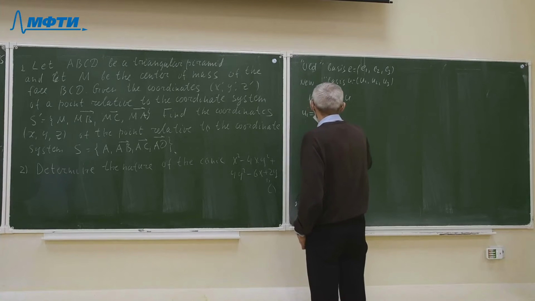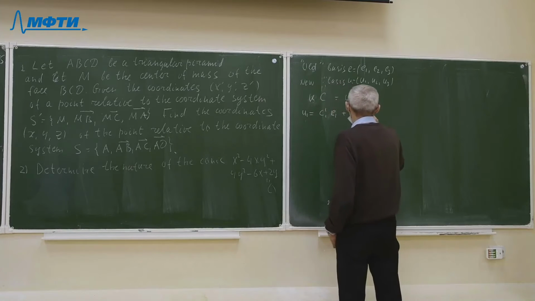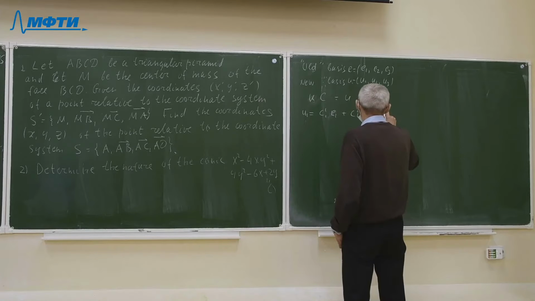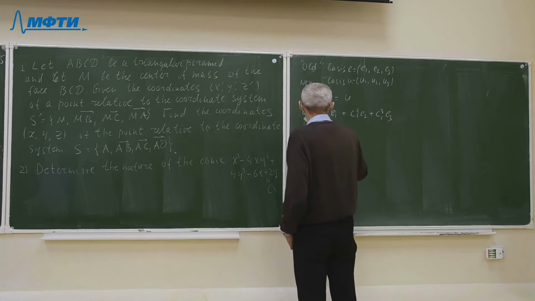It means that U1 is equal to C1,1 E1 plus C2,1 E2 plus C3,1 E3, and U2 similarly.